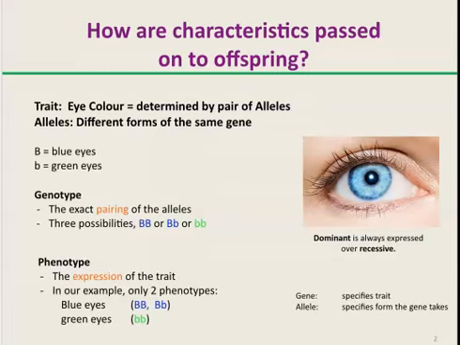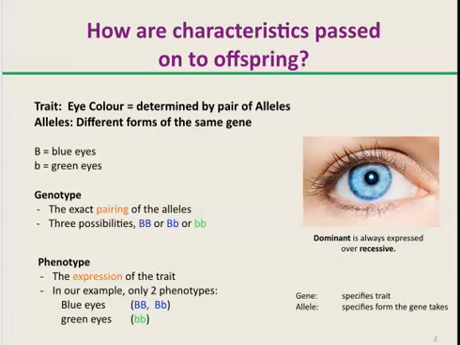Okay? So in the text, they talk about genotypes and phenotypes, and what the difference is between the two. A genotype is the exact pairing of the alleles. So you'll see that as the capital B, small b, which will result in blue eyes, or the 2 small b's. Those are called genotypes. The phenotype is the expression of that trait. It's what you see.